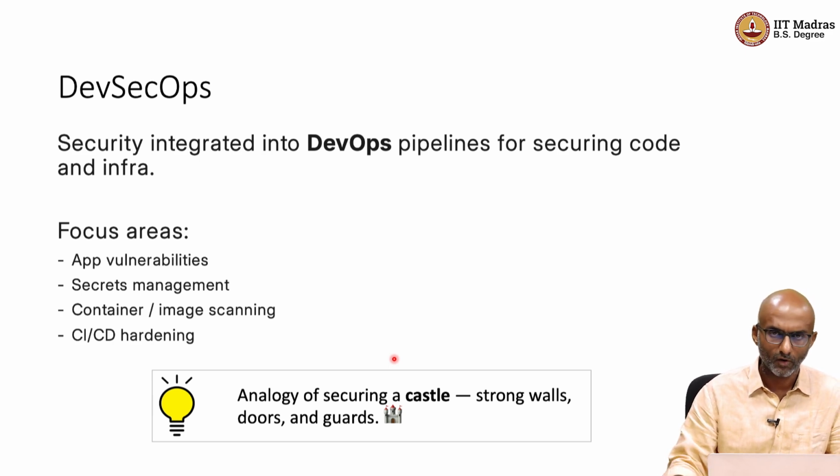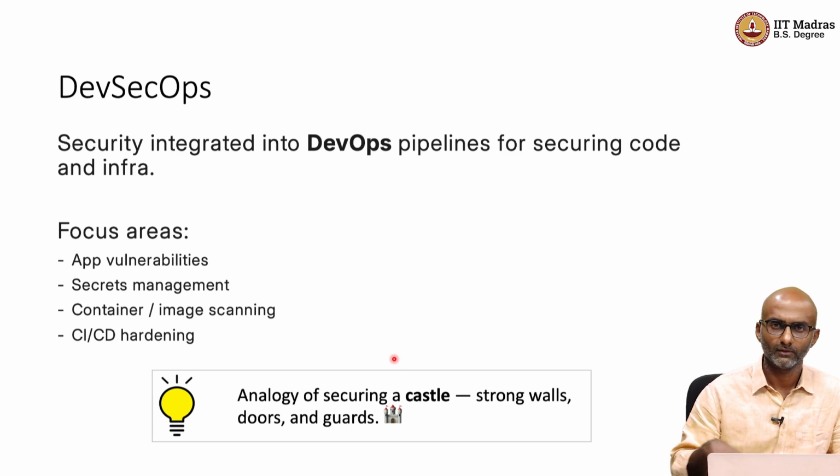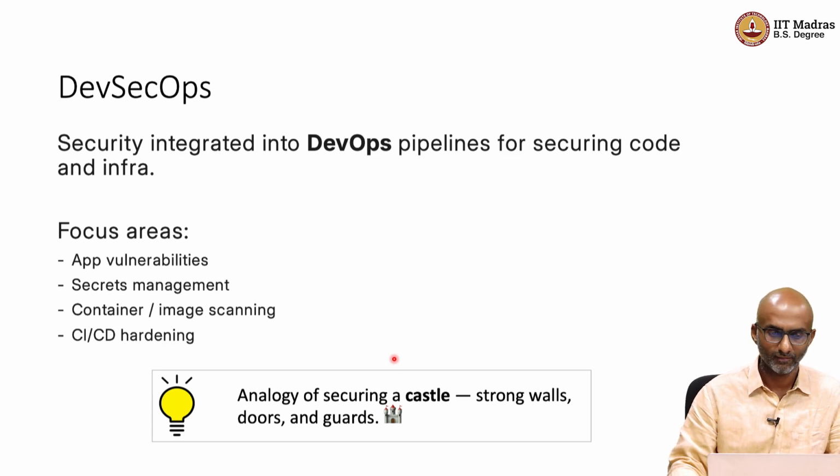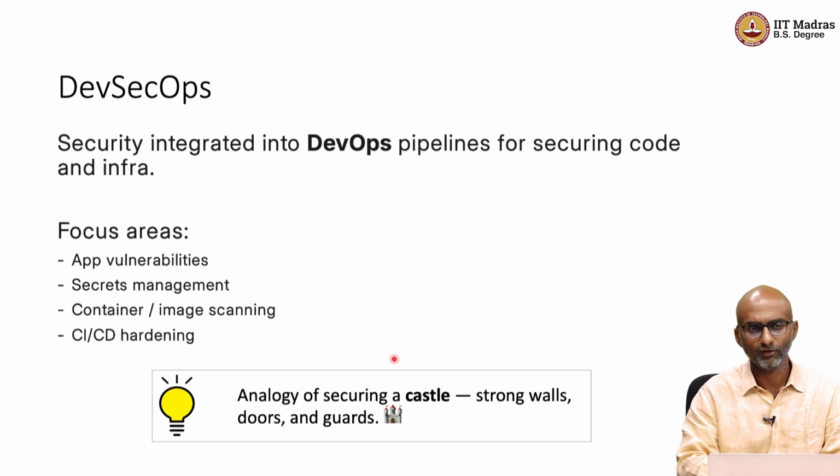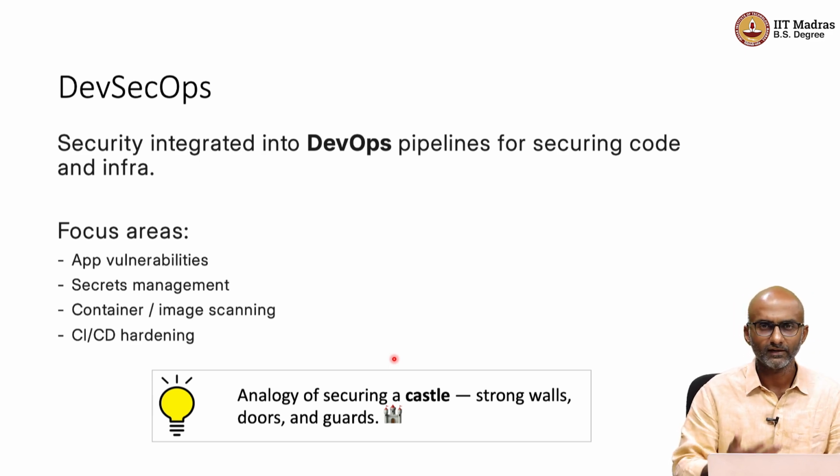So you've got strong walls, you've got doors, you've got moats filled with water and crocodiles presumably, or guards which have very different roles based on which part of the castle they are roaming around and guarding. So that's the kind of analogy that you can associate with software related security.